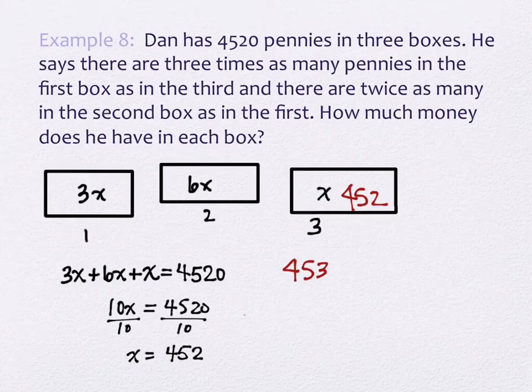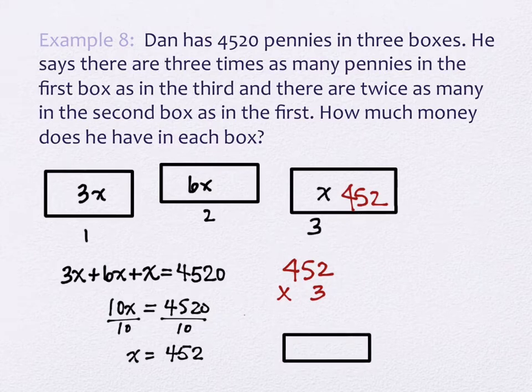452 times 3. So let me show you a lattice algorithm for this one because we haven't done but one of those. Thank you. Let's make sure we do get the right ones. Appreciate that. Okay. So if you'll remember, the lattice algorithm works like this. Because I have a 3-digit by 1-digit number, I would have 3 boxes by 1. I would have the numbers 4, 5, 2 along the top, and the number 3 on the right.